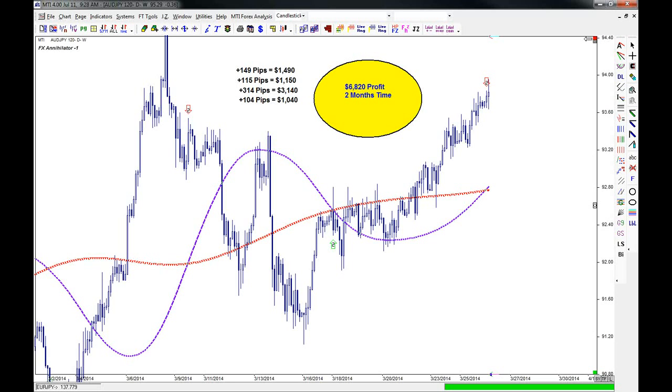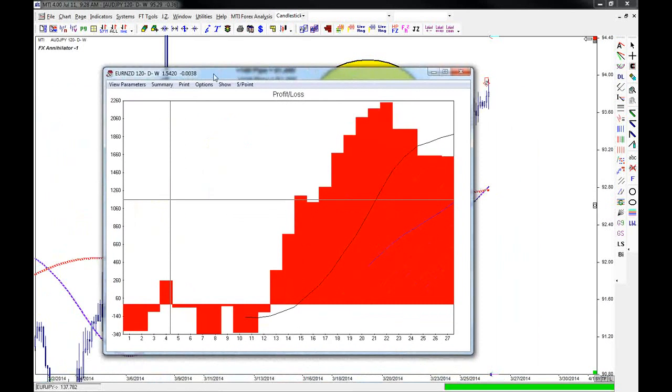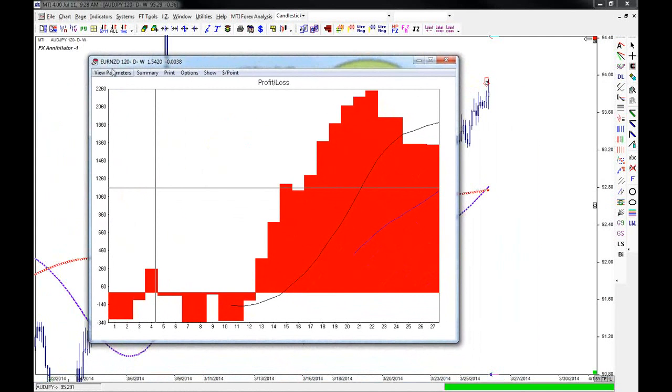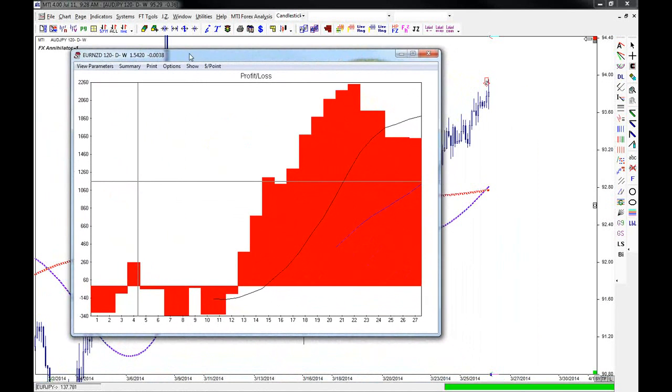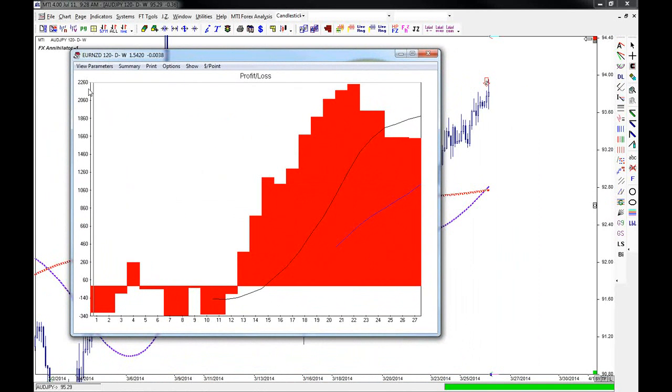Well, Mike, how do we know you're not just saying that? Here's why. The FX Annihilator works on 3 specific currency pairs. Now, what I'm showing you is the Euro and the New Zealand currency pair on a 120-minute time frame. How many of you see this right here, the 2,260?